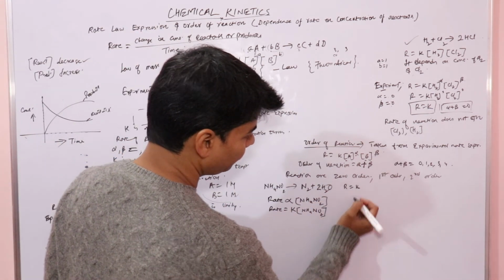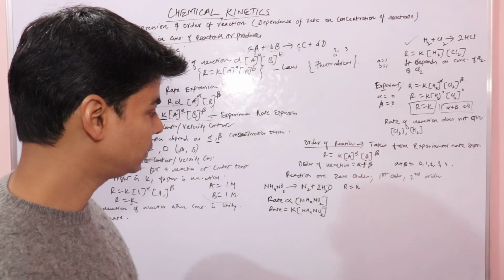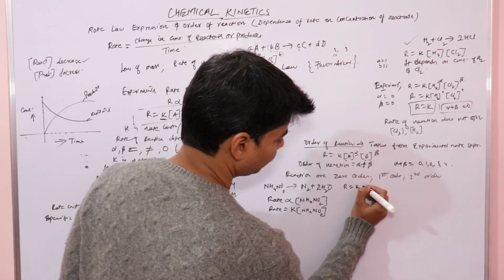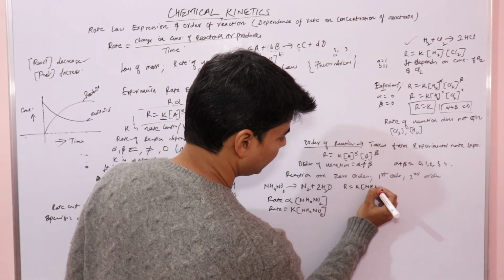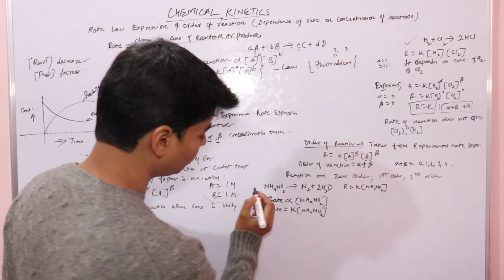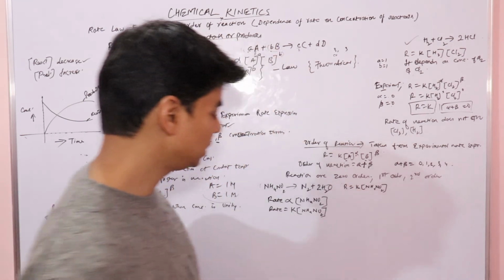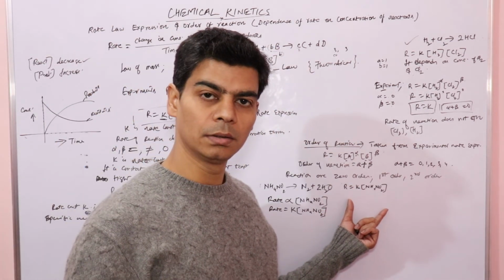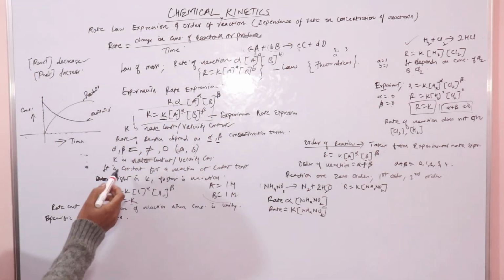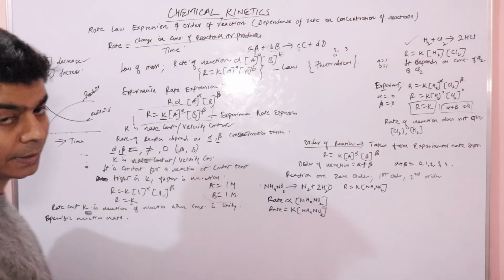The rate of reaction is the product of the concentration of reactants raised to the power of stoichiometric coefficient. So here we just have one reactant, so it would be this raised to the power of stoichiometric coefficient, which is 1. So here the rate expression is the same, experimental and theoretical. This is the case where alpha and beta are equal to the stoichiometric coefficients.